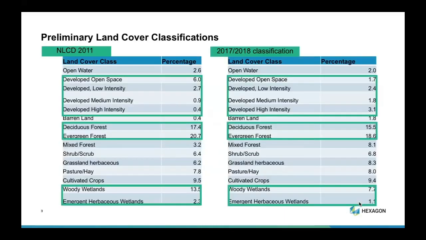So these are just some preliminary comparisons from the classification. There's no change detection that's been done on this. But you can see that developed space, medium and high intensity space increased in 2017, 2018 versus the 2011 region, but developed open space and low intensity space decreased, and that there are also across the board decreases in deciduous forest, evergreen forest, woody wetlands, and emergent herbaceous wetlands.